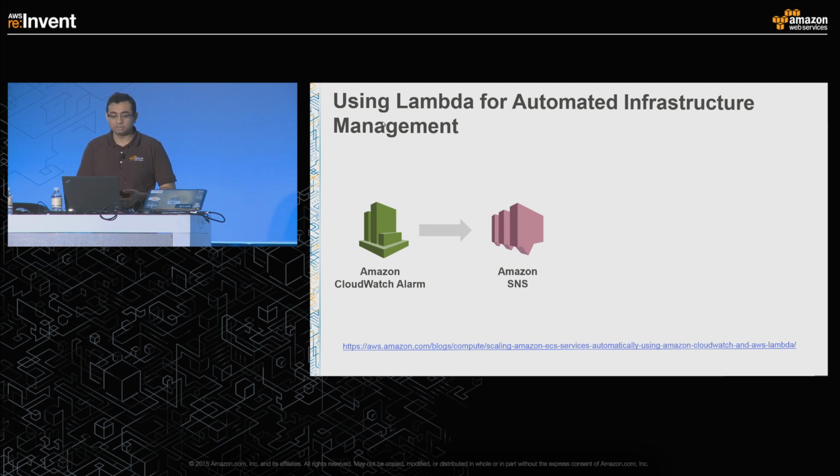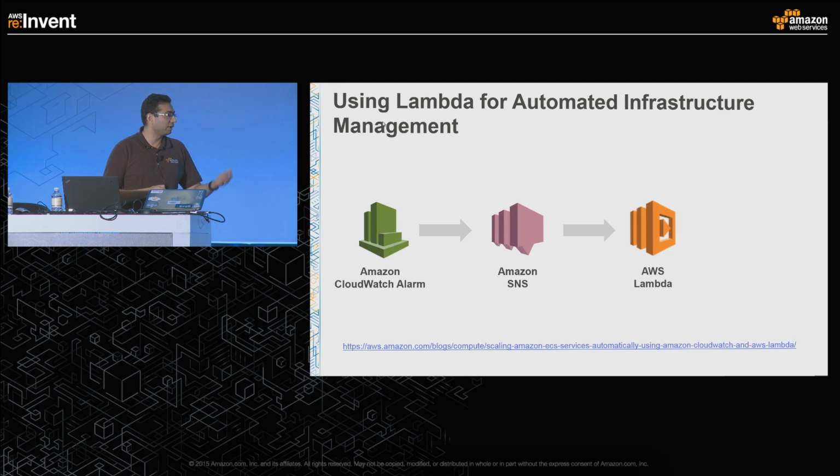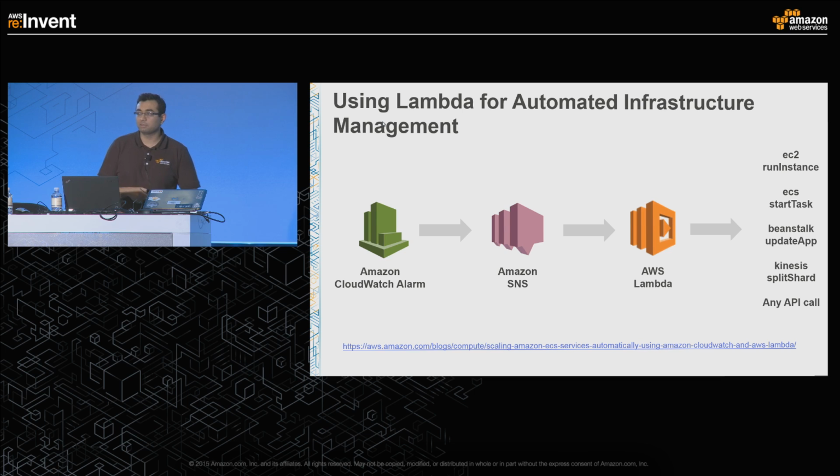And as you remember, once you have it in an SNS topic, you can invoke a Lambda function, and then you can take some action based on that. So what you can do is call the API based on what alarm you saw. A lot of the alarms, what you often get, are just notifications. And most customers have a standard runbook, which you execute when you find that alarm popping up in your inbox. So instead of having that runbook as a manual process, you could quickly automate it using a Lambda function.